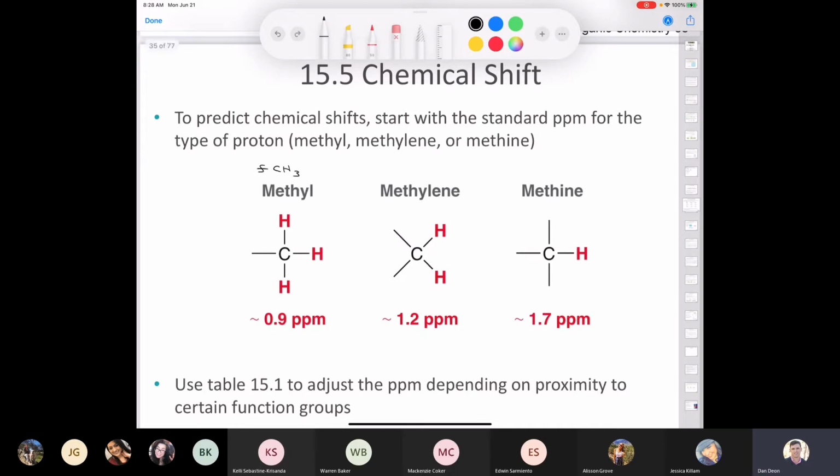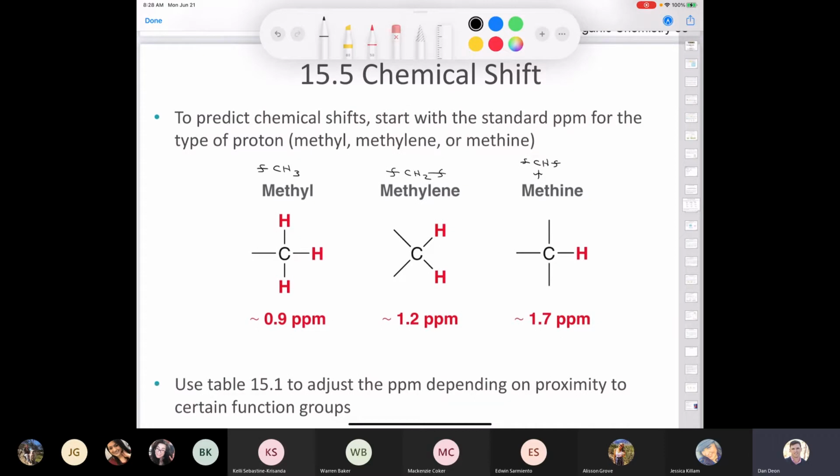Of course, if you add an electron-withdrawing group, that's going to affect it, but we'll talk about that more later. Next, the baseline for a methylene is 1.2 parts per million. And the baseline for the proton of a methine is 1.7 parts per million. These are just baselines that everybody has to be aware of.